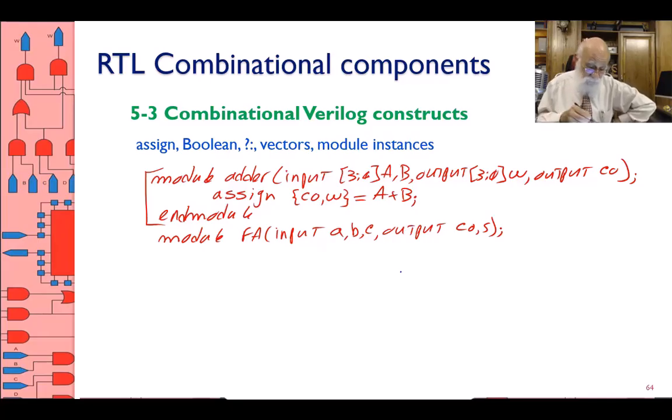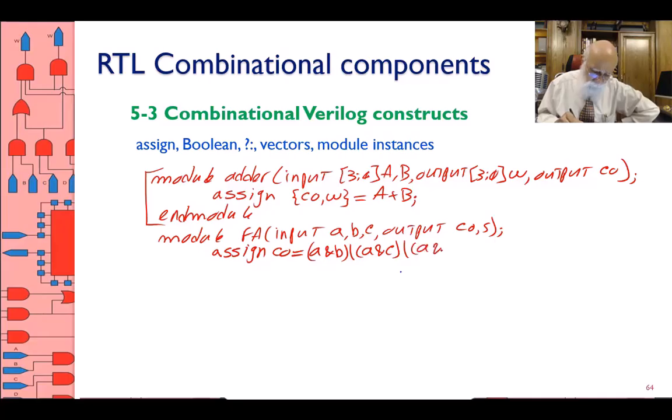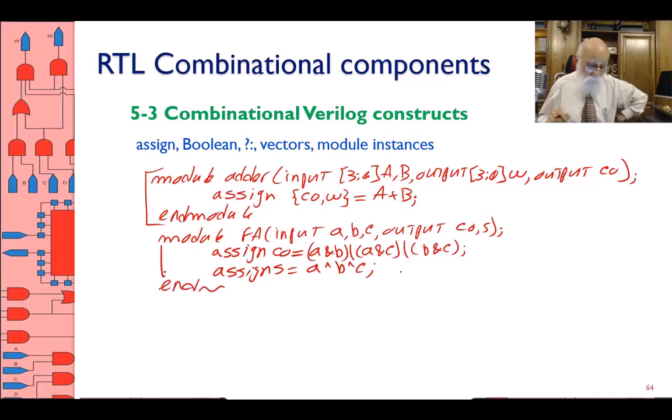We can write assign for the carry out, this is Boolean, A and B, or with A and C, or with B and C. And then I have assign sum equal A XOR B XOR C, and then we are done. The above is 4-bit, the below is 1-bit.